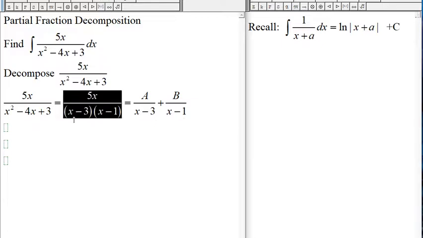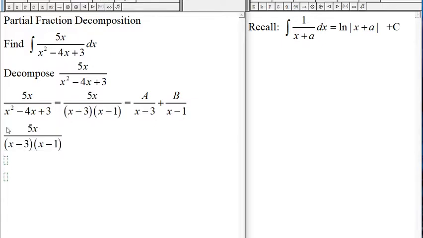So we have this fraction equal, and then to combine these two expressions right here, just do cross multiplication.